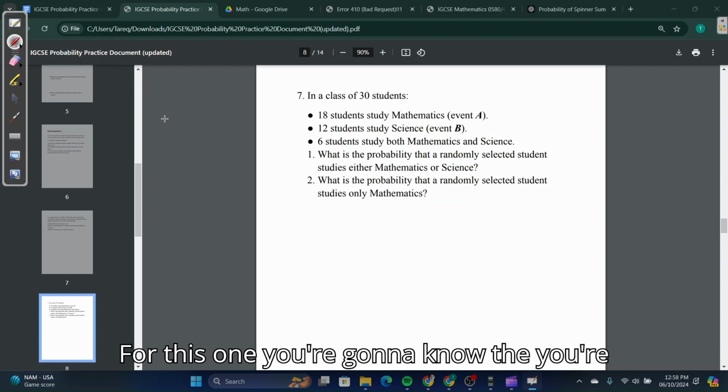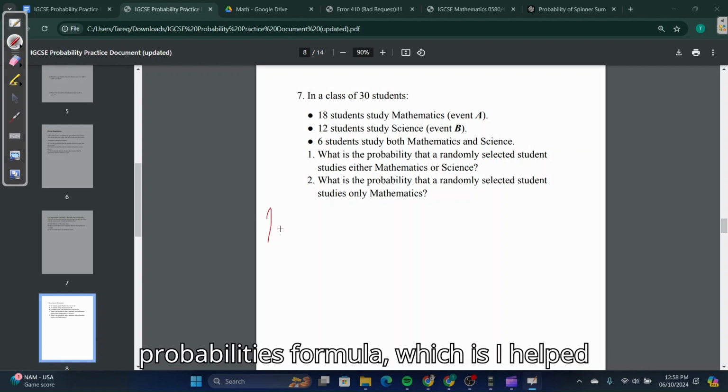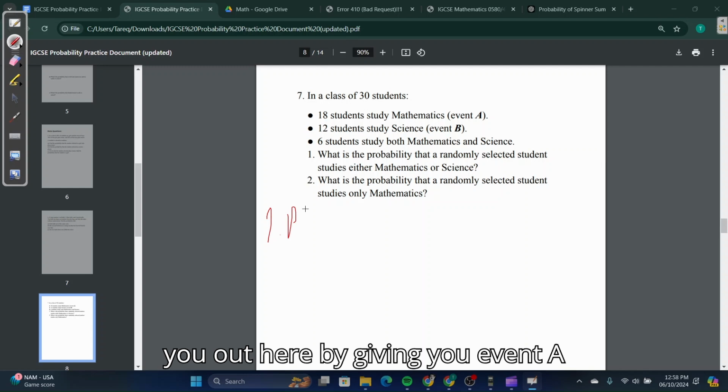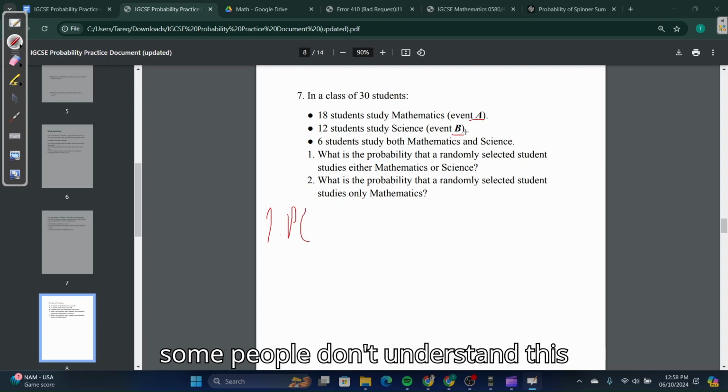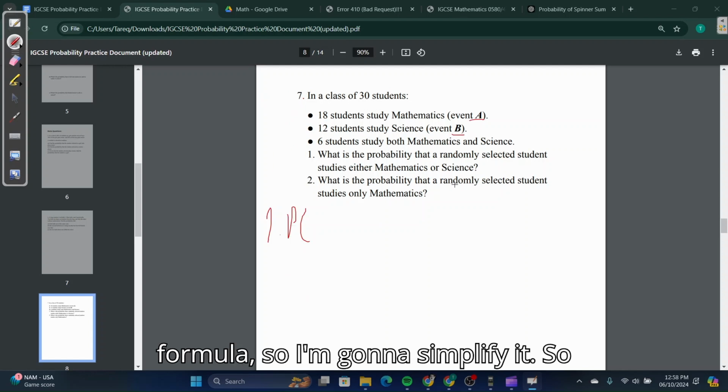For this one, you're gonna need to know the union of probabilities formula. I helped you out here by giving you event A and event B, denoting them, because some people don't understand this formula, so I'm gonna simplify it.